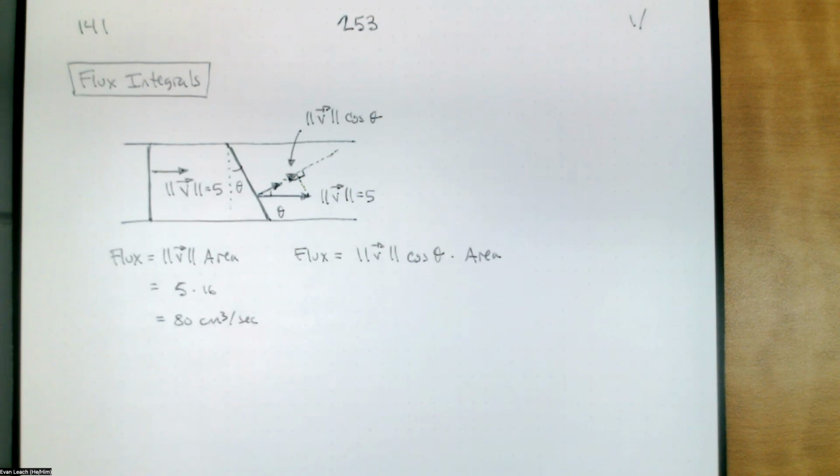Then what we did was we angled that area in one direction, which created more area. So the area there increased, but the flow perpendicular to that area decreased by the same factor. We multiplied by the reciprocal.